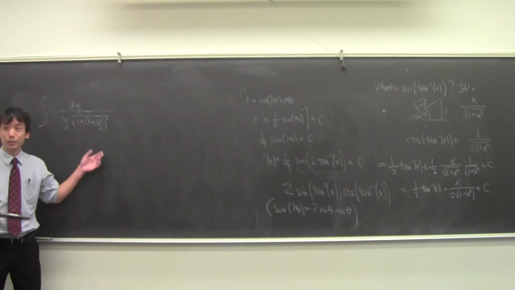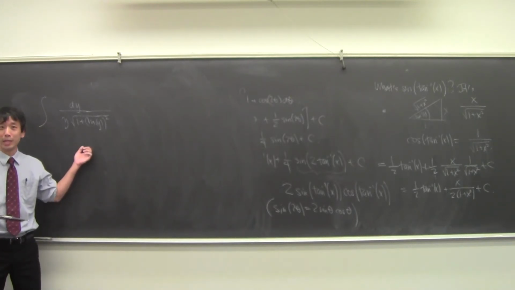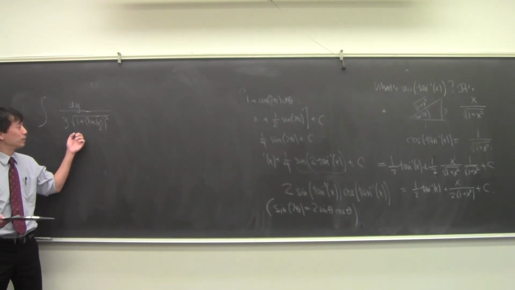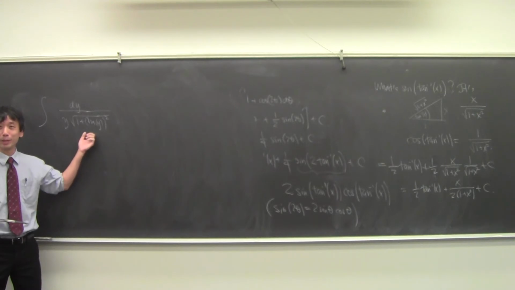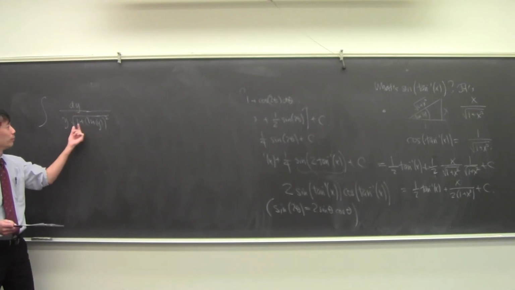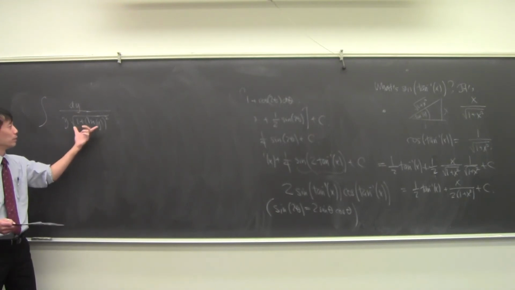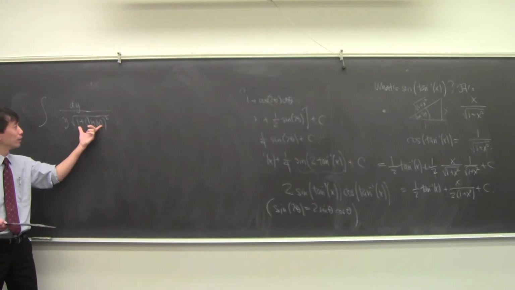What's the Pythagorean identity that we're going to use? 1 plus something squared equals something else squared. 1 plus tangent squared equals secant squared, right?